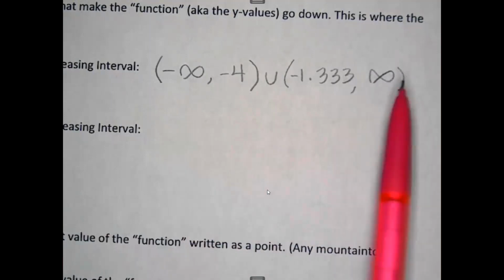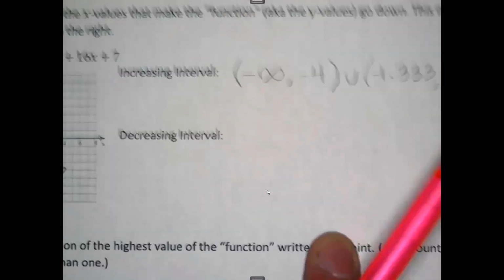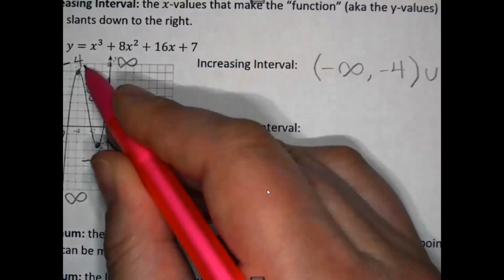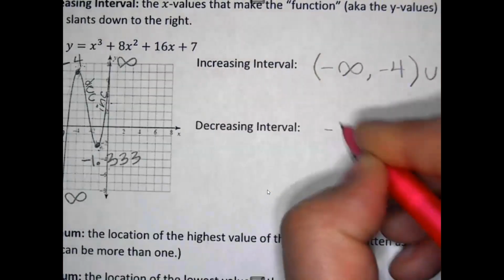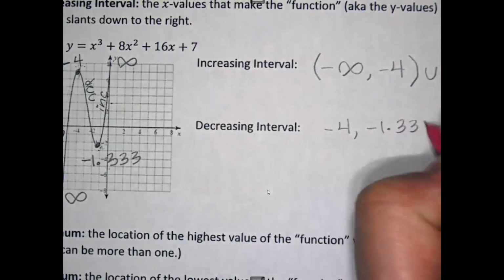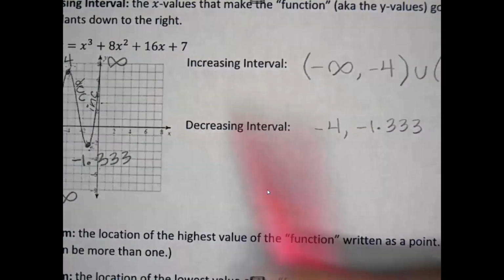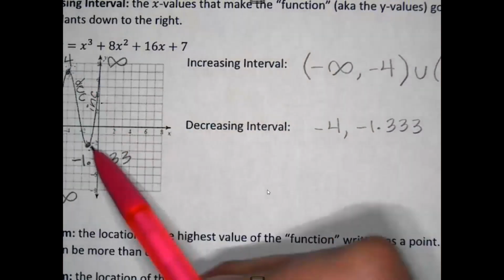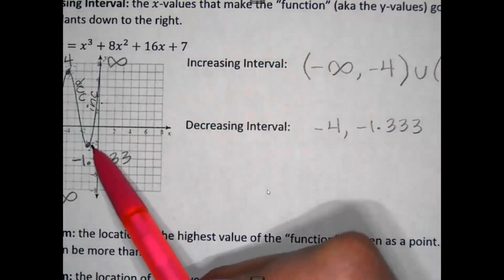Okay. All right, now we've got to put the decreasing interval, and the word decreasing is between what numbers? Okay, -4, -1.333. Now, when you stand at the top of the mountain, are you actively walking downhill? When you stand at the bottom of the valley, are you actively walking downhill?